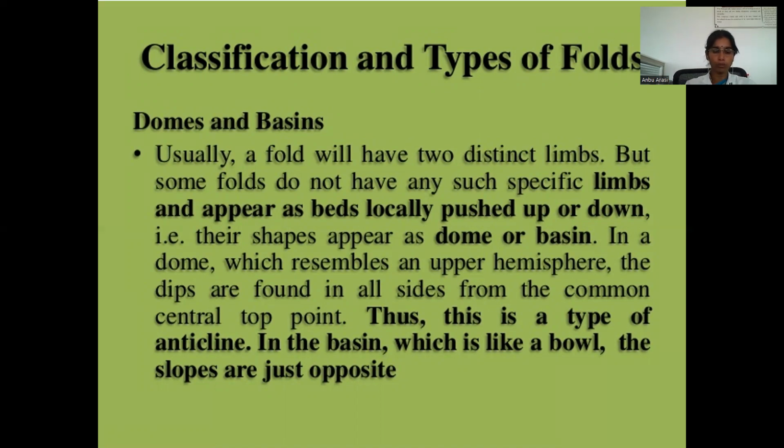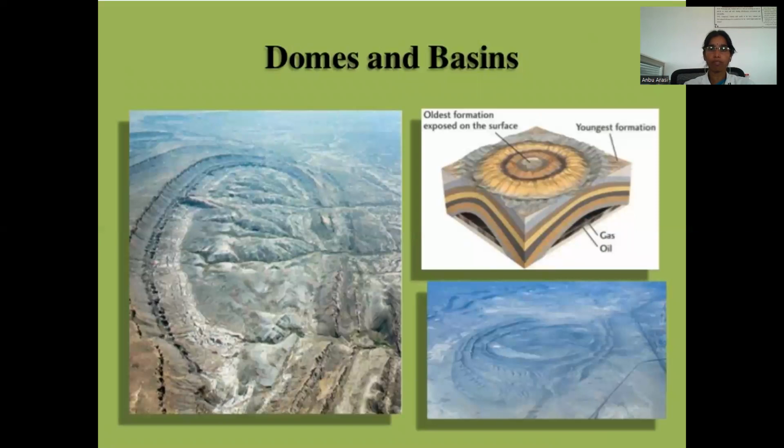In a dome, which resembles an upper hemisphere, the dips are found on all sides from the common central top point. Thus, this is a type of anticline. In the basin, which is like a bowl, the slopes are just opposite. Here, that is the dome and basin fold.